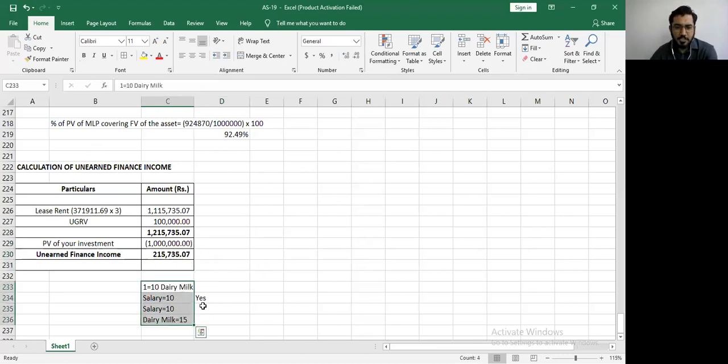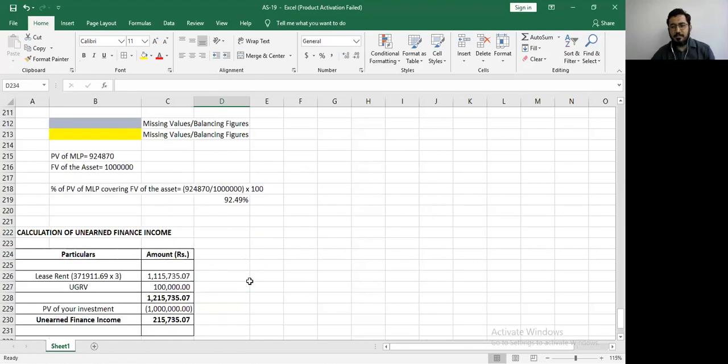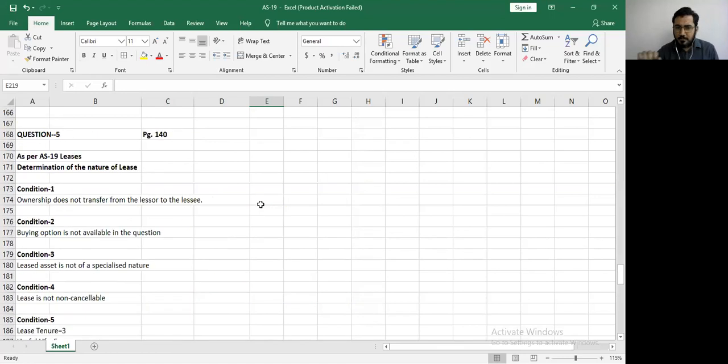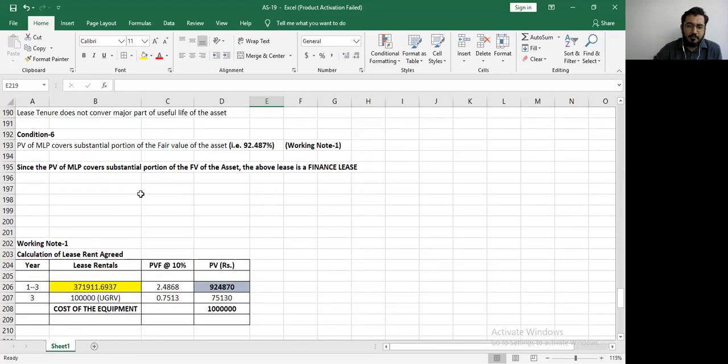So Spruha, if you can just post your doubt once again, then I will solve that and then we proceed. By that time, let me quickly revise this question with you so that we can then proceed to the next question, last question for today, which says, in the question, the lease rent agreed was not given. So we first calculated the lease rent agreed. For that, we used the unguaranteed residual value, and then we did the reverse calculation and found out the lease rent agreed.